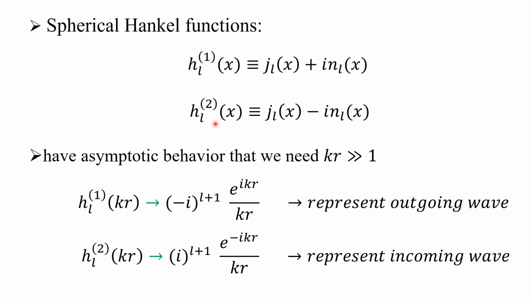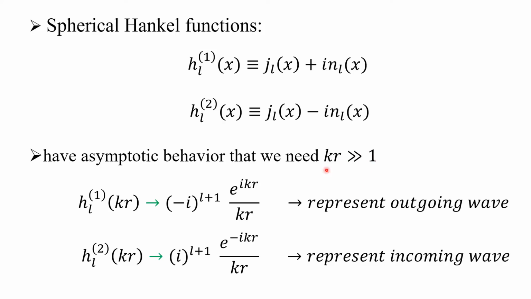Similarly, the Hankel function of kind 2, represented as h_l^(2)(x), is equal to j_l(x) minus i n_l(x). If we take the asymptotic behavior, we need kr to be very much greater than 1.